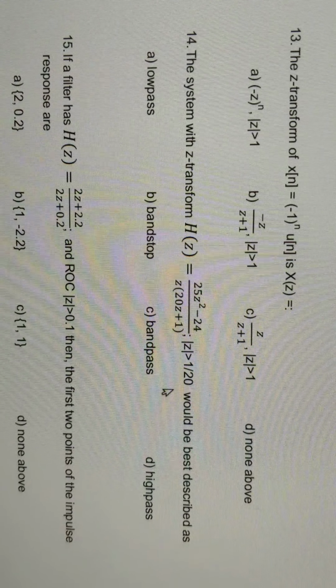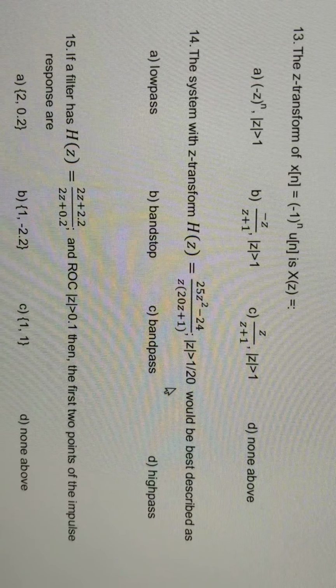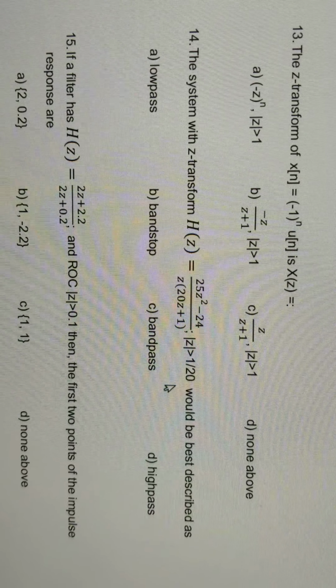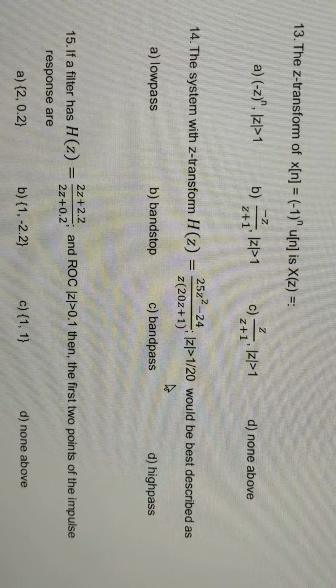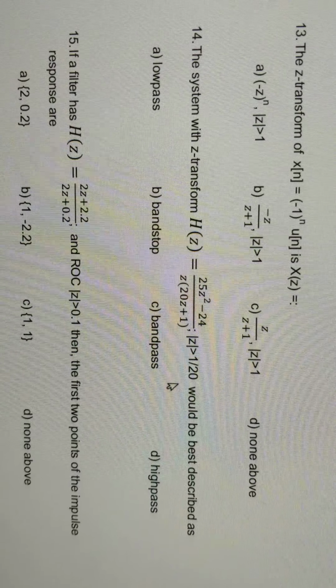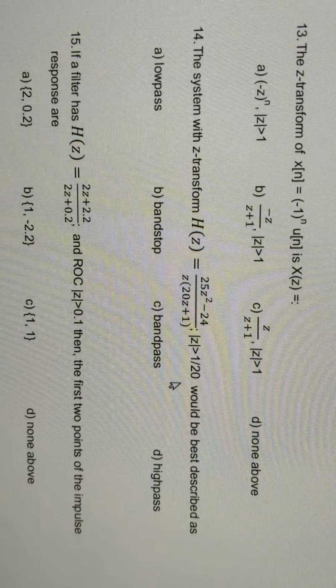It would be best described as A, low pass, B, band stop, C, band pass, or D, high pass.